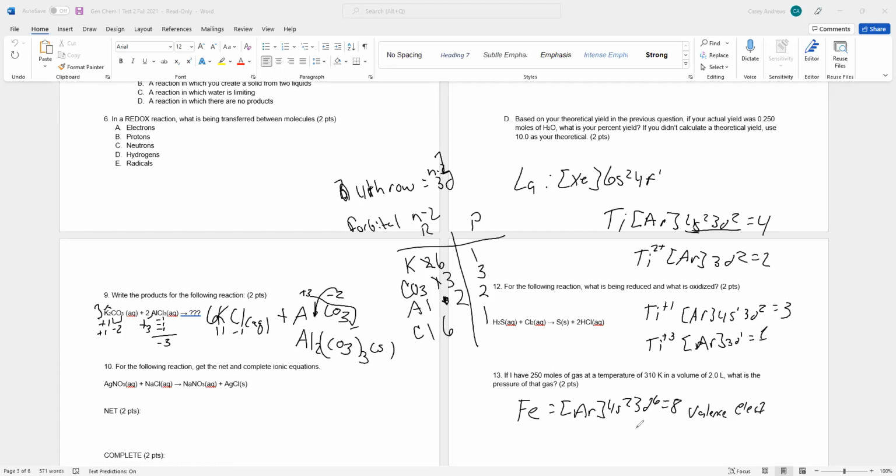However, once you get past the d orbital, so let's look at selenium. Selenium's element number 34. That is argon 4s2 3d10 4p4. Not 4p6, sorry, 4p4. Once the d orbital's full, we don't count that anymore, right? So full, it's not valence. So the total number of valence electrons in selenium is 6.